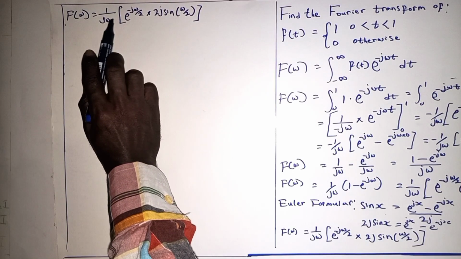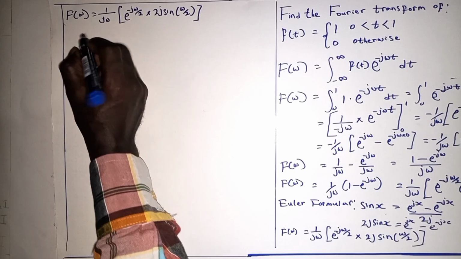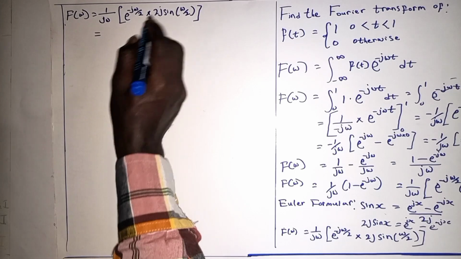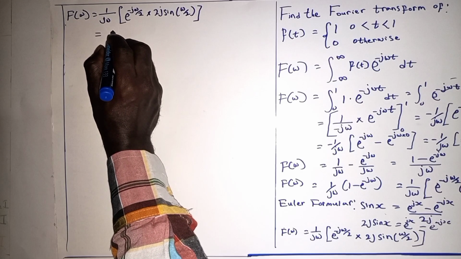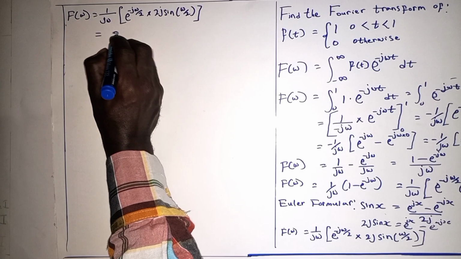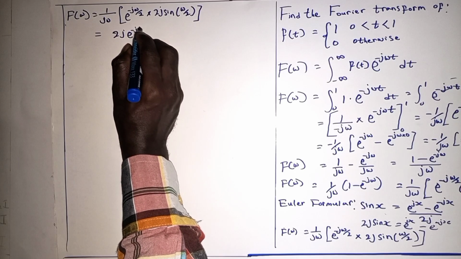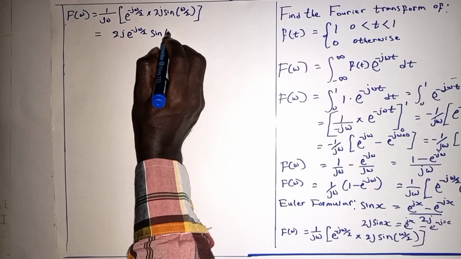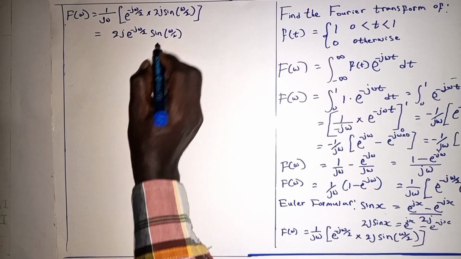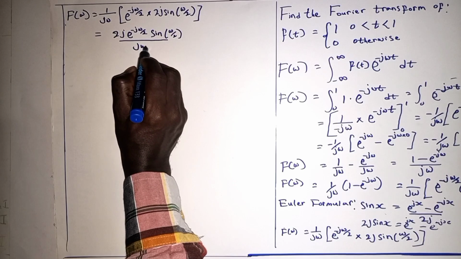So now we just use this to open the brackets and let's see what we have. When this becomes, say, use 2j exponential j over 2 sine w over 2 all over jw.